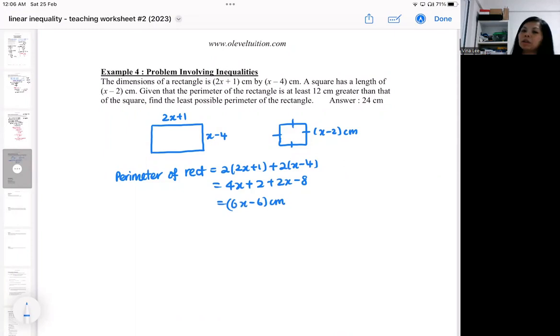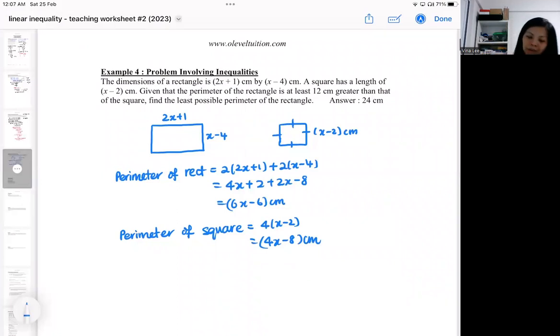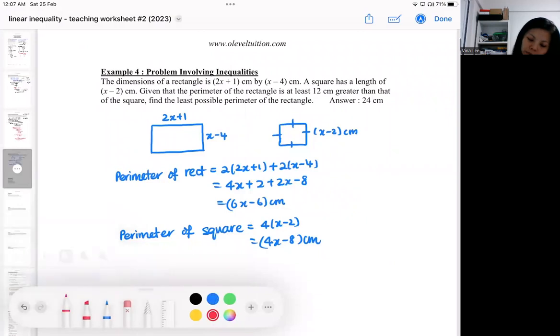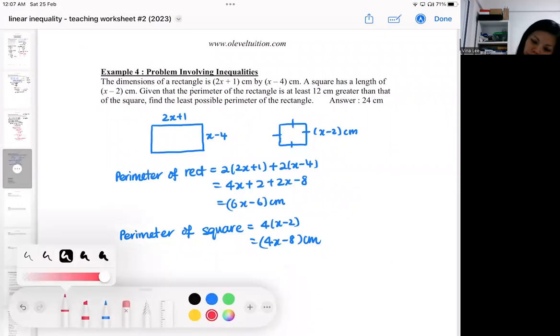So you look at what the question is asking for. If they mention the perimeter of the rectangle, of course I must get the algebra for the perimeter of the rectangle. And in this case, I also need the perimeter of the square. The next thing is to translate the perimeter to an inequality. So you have to be mindful of how to translate.